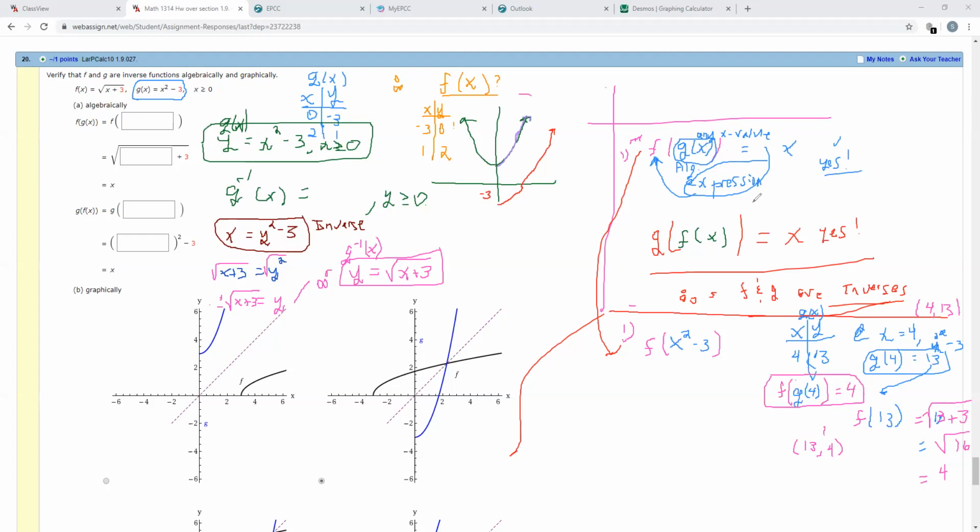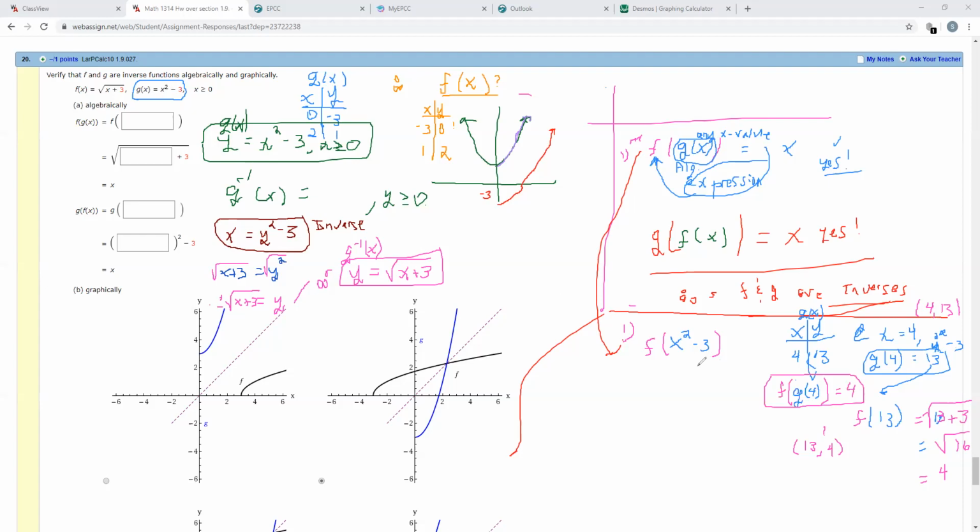So if you put an x into the g function, you get x squared minus 3, because this is just for any x in the domain.